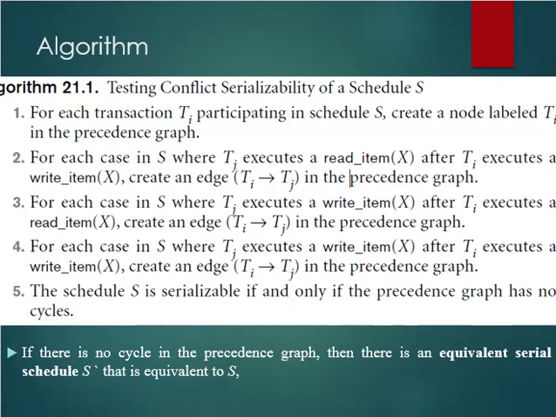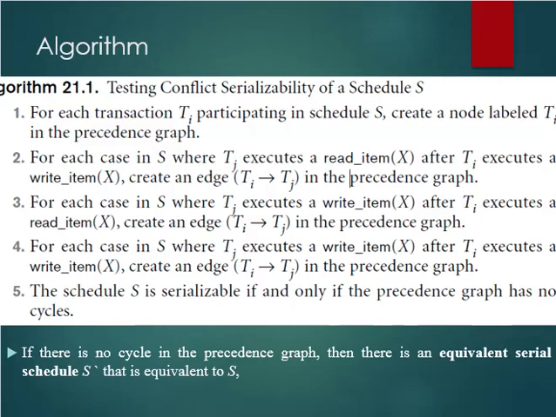The third step is for each case in S where Tj executes a write item X after Ti executes a read item X; then we create an edge Ti implies Tj. So firstly we executed read item X in Ti followed by write item X in Tj, and we plot an edge from Ti to Tj.